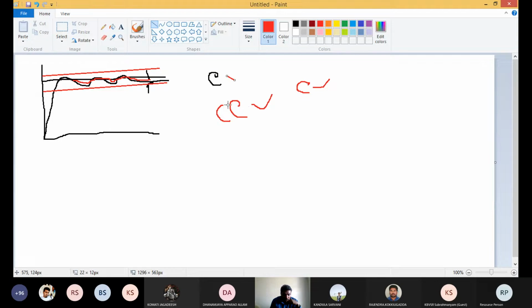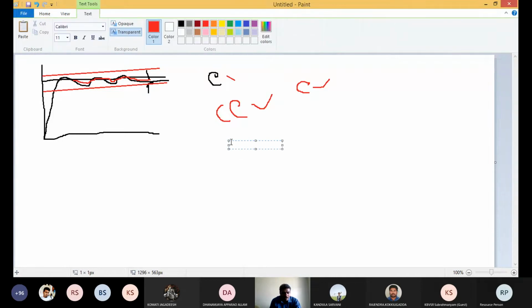The same range we take for the changing error. Here they termed it negative big, then negative small, then zero error, then positive small, and then positive big.